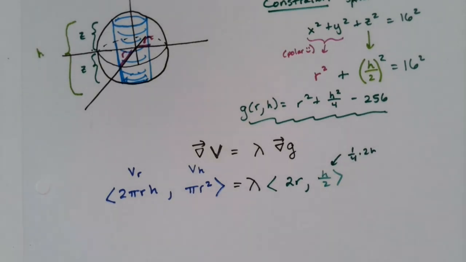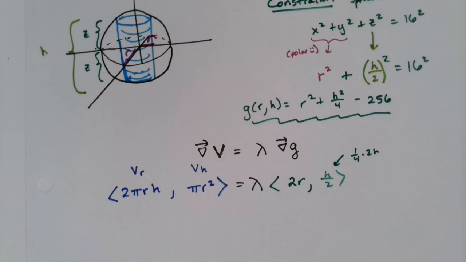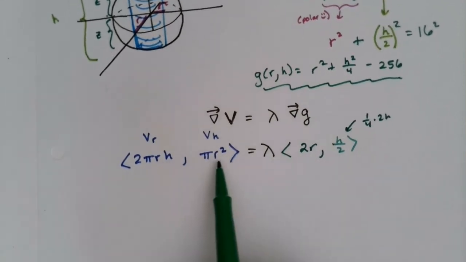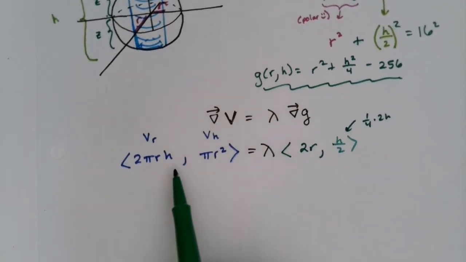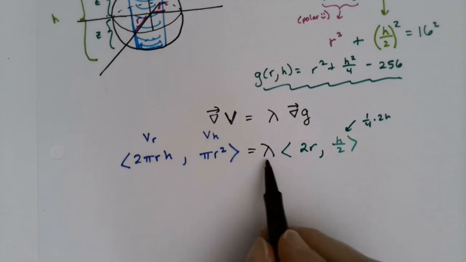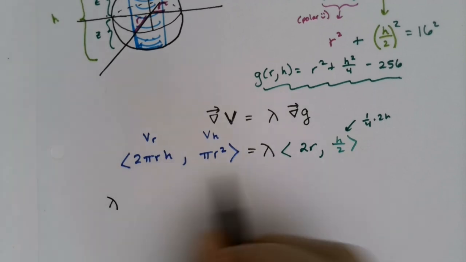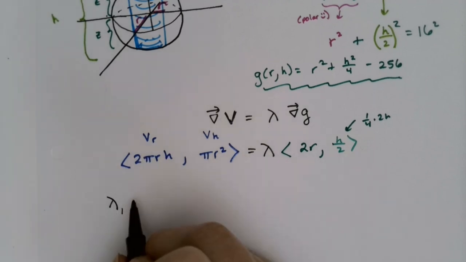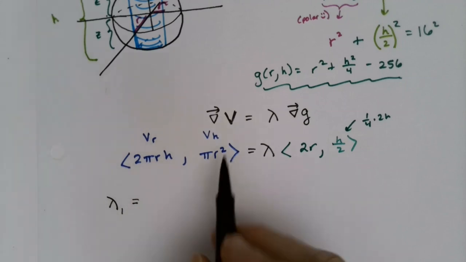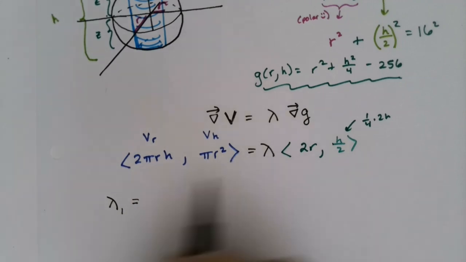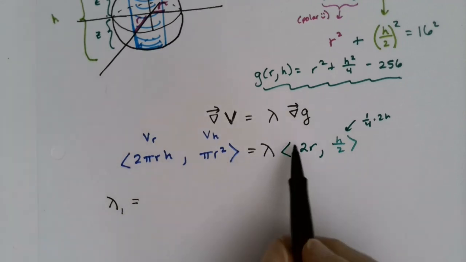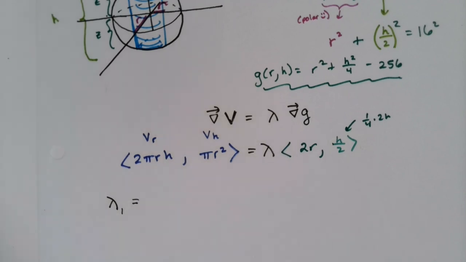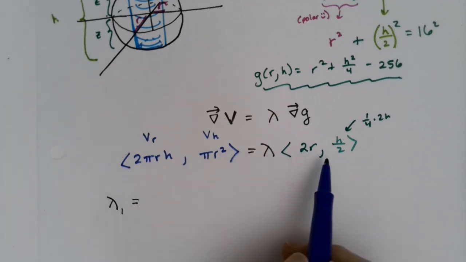All right, lovely. Okay, so we have h over 2, and then we're going to set these up so that lambda number 1, if you will, is equal to, and I'm going with a number 1 in particular here because I'm going to change it. Give me 1 second. So 2 pi rh is equal to lambda times 2r, right?